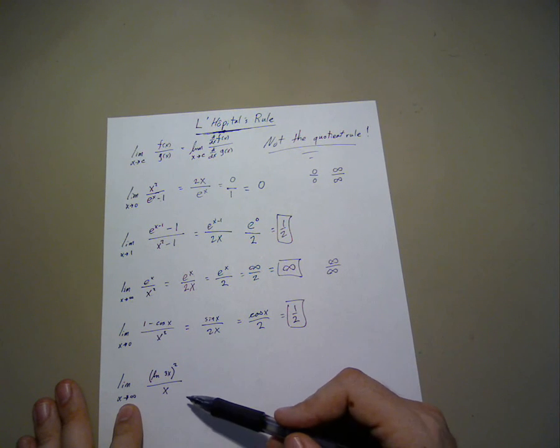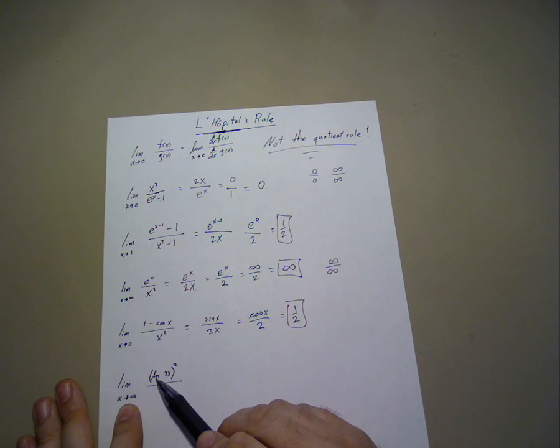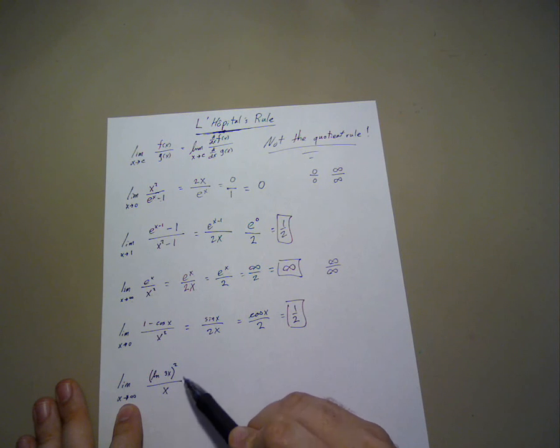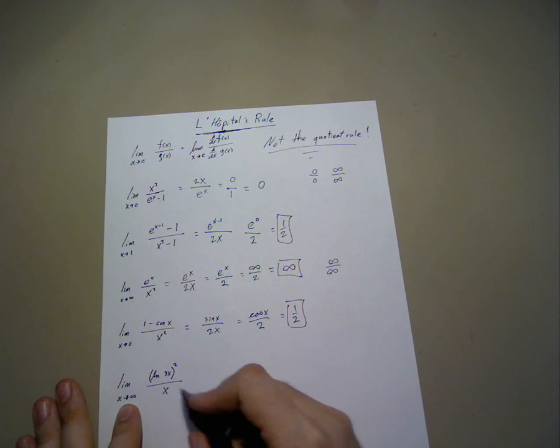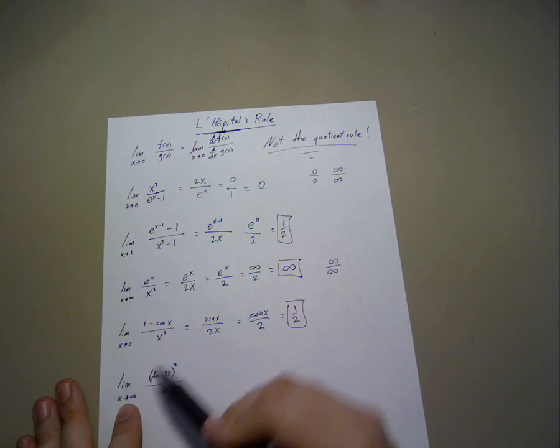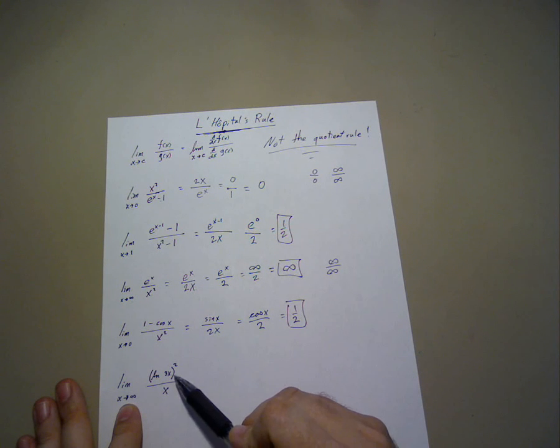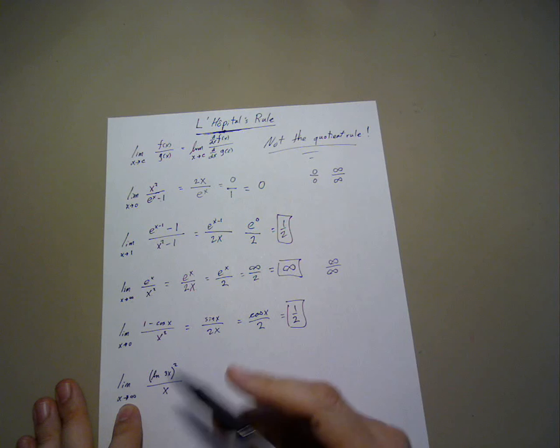One more problem to apply this to. We'll need to use the chain rule in evaluating this. First of all, if we take the limit, notice we have an infinity over infinity form.